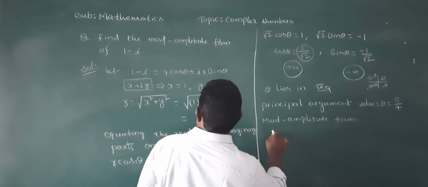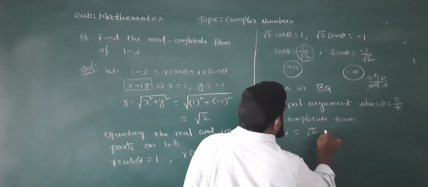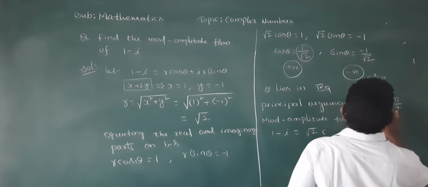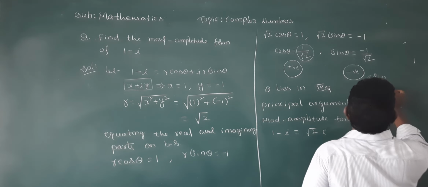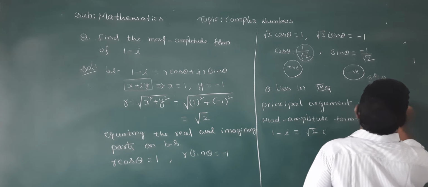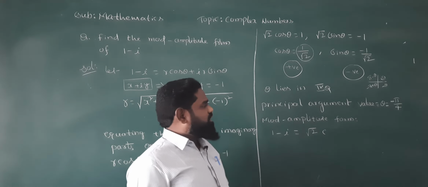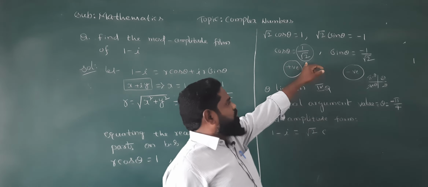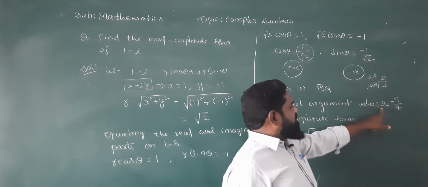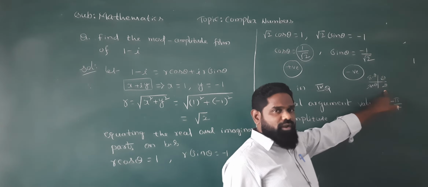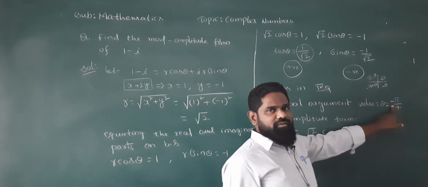It will be 1 minus i equals r value root 2 cos theta, where for the principal argument value in the fourth quadrant we take minus theta. Actually cos theta is 1 by root 2, pi by 4, 45 degrees, but we should keep the minus here.